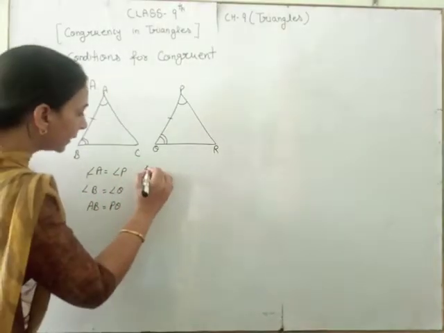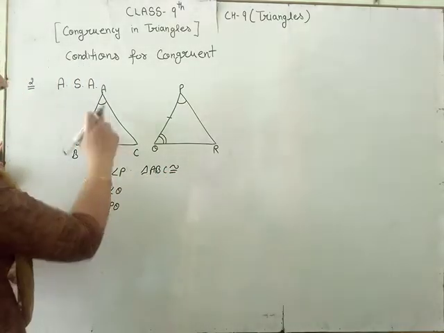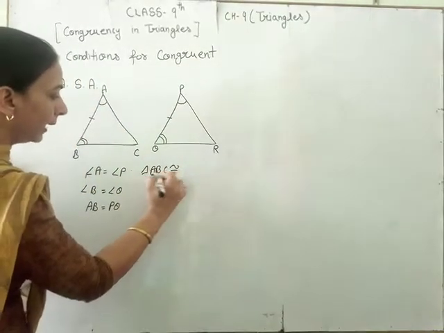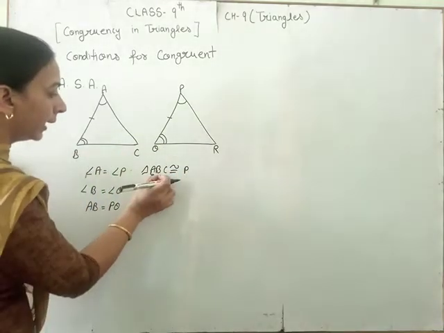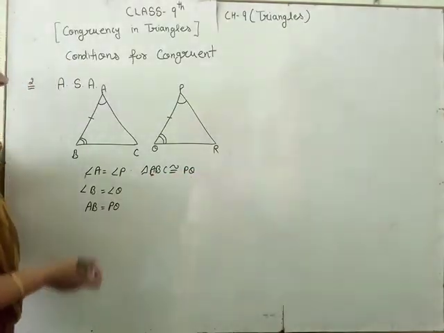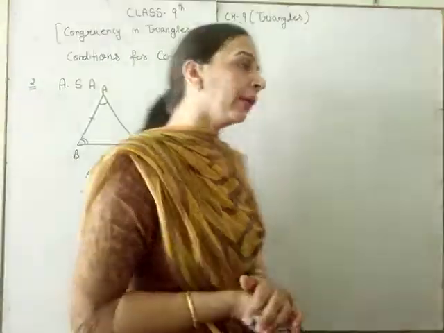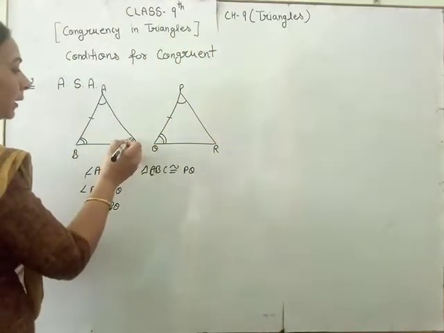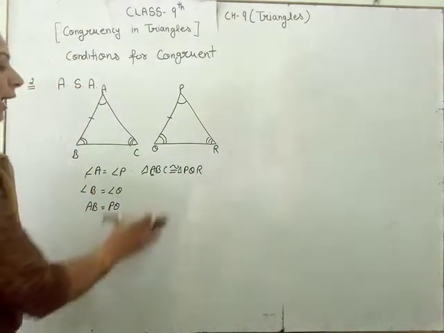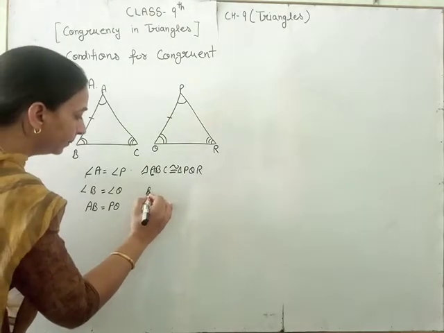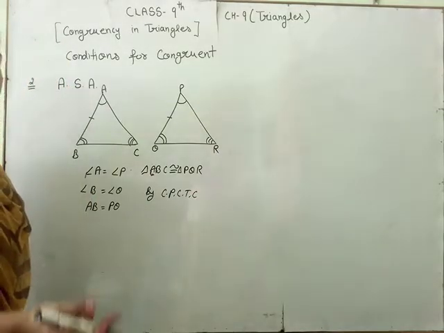Then we write triangle ABC congruent to triangle PQR. Angle A equal to angle P, so first we write A, then here we write P. Next, angle B equal to angle Q. If two angles of a triangle are equal, then the remaining third angle is also equal, so angle C also equals angle R. If two triangles are congruent, then by CPCT, corresponding parts of congruent triangles are also equal.